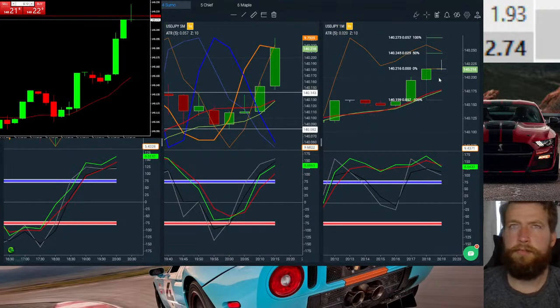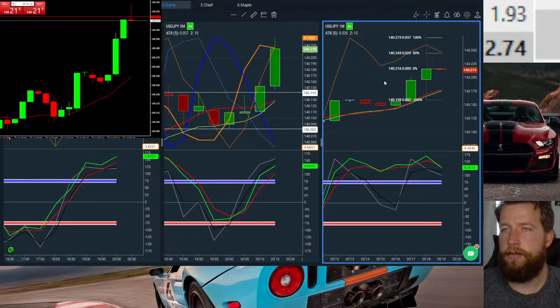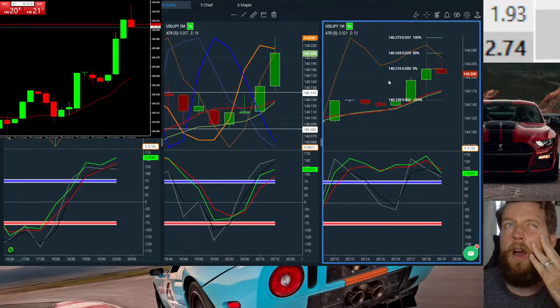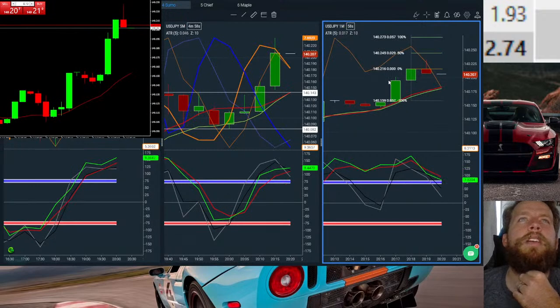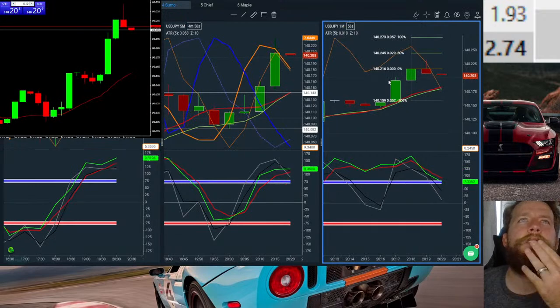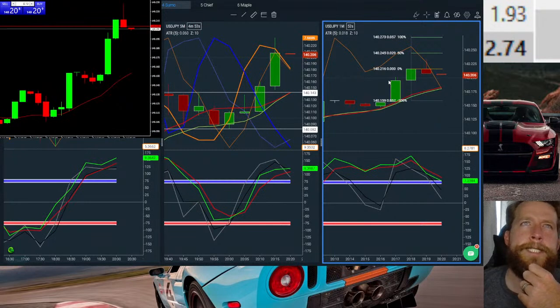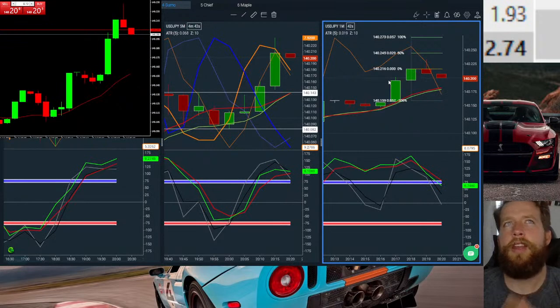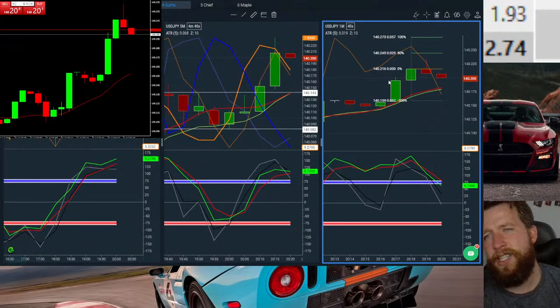Well, assuming that there aren't crazy spreads, which, speaking of spreads, it looks like there's about a 3 to 5 point spread right now, which isn't terrible.